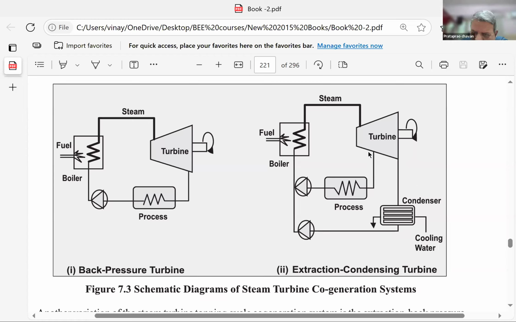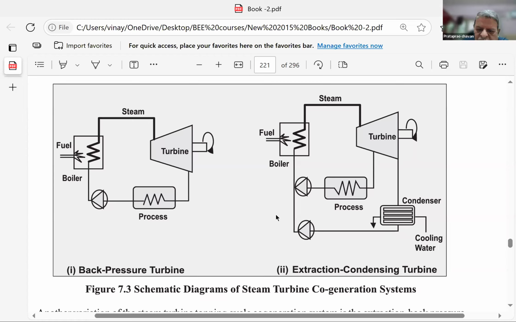It is in the process of doing work, but at certain temperature and pressure, we take out part of the steam and use it for the process. Here, the entire steam is taken out. The turbine exhaust is not allowed to condense in a condenser. Its pressure itself is entirely going to the process.